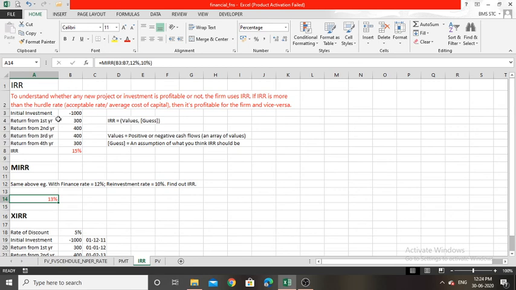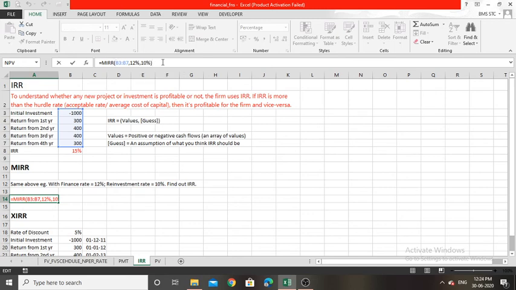The same values over here, 1000, 300, 400, 400, 300. And you simply put 2 more percentage values, the finance rate and the reinvestment rate. Here the finance rate is 12% and the reinvestment rate is 10%.